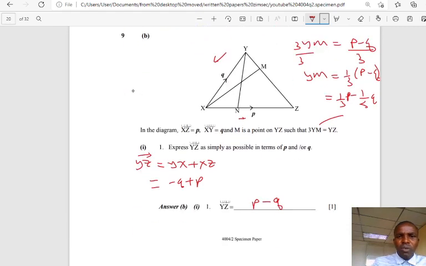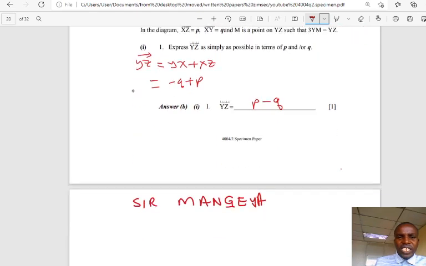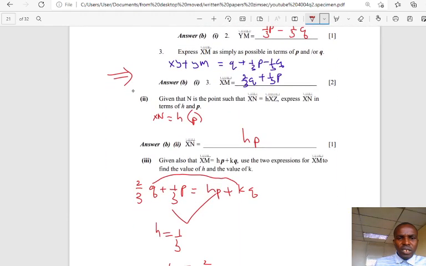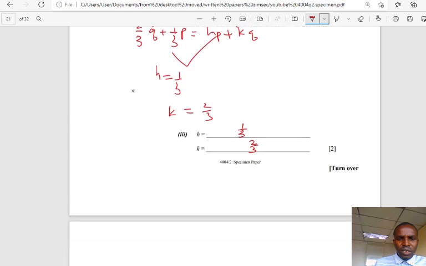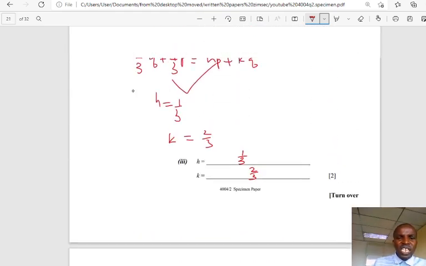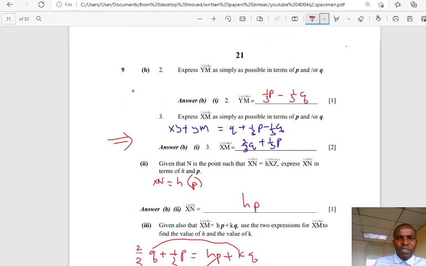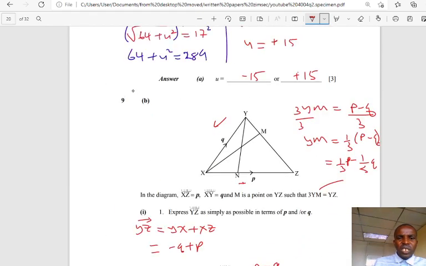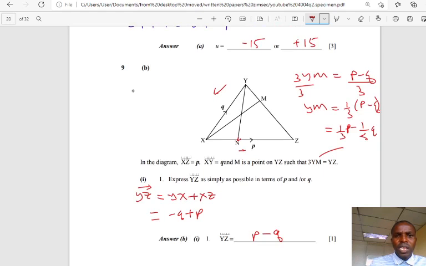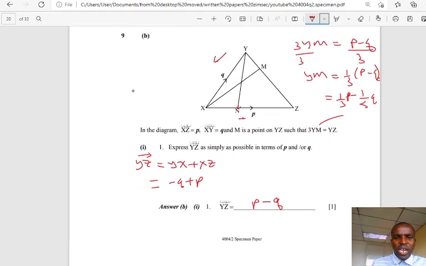We want to find nz. We have worked it out somewhere. Right, nz is not worked out, so you have to work it out if it's not there. So let's find nz using the information that is there. You can say nz is ny plus yz, but do we have ny?